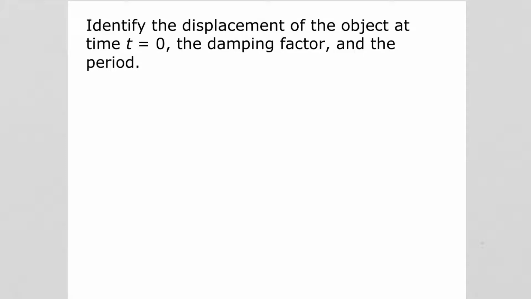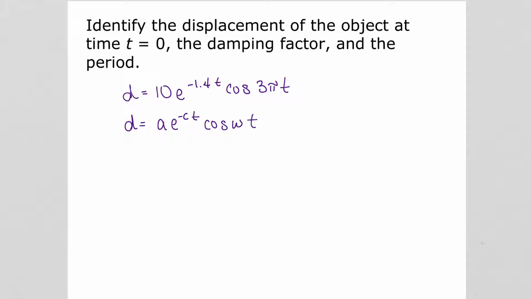Let's rewrite this on this page: d equals 10 e to the negative 1.4t cosine of 3 pi times t. With this, let's write down our general formula: A e to the negative ct times cosine of omega t. That gives us an idea of where things match up.